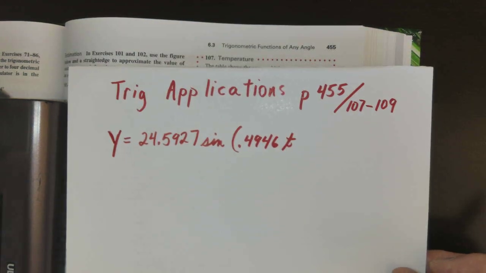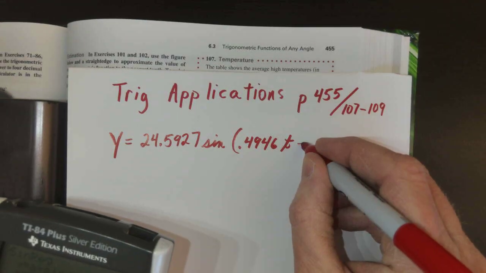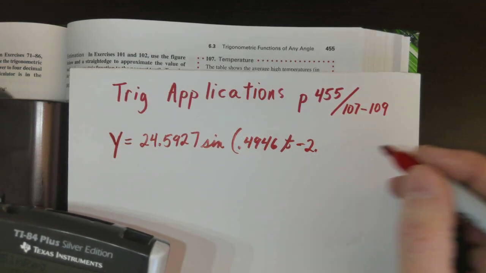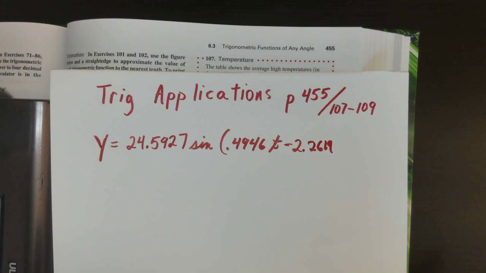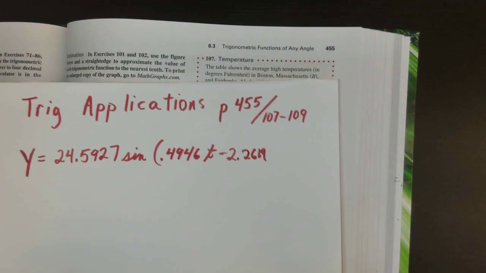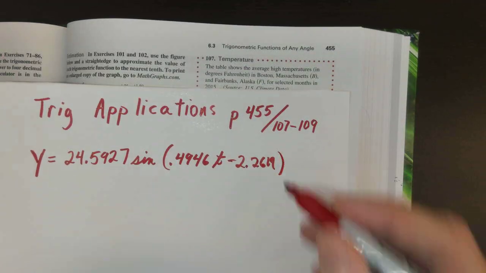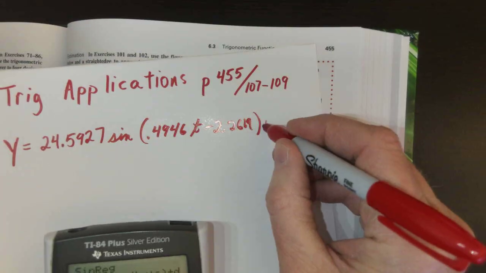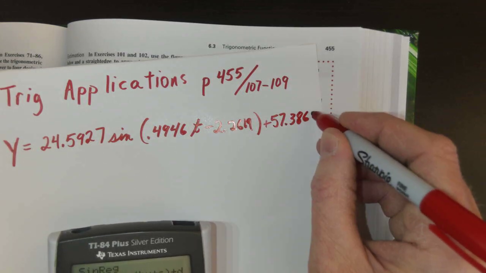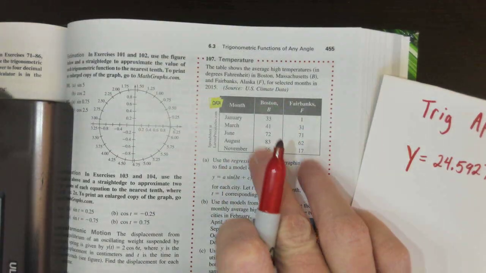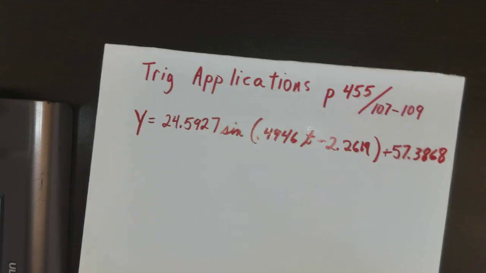Plus C, and C is negative 2.2619, and plus D, and D happens to be 57.3868. Now that's that first column. This is the Boston column. Okay, I'm going to move the book so I can write.